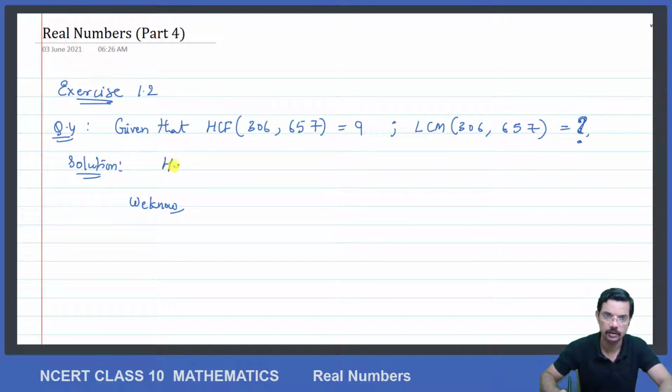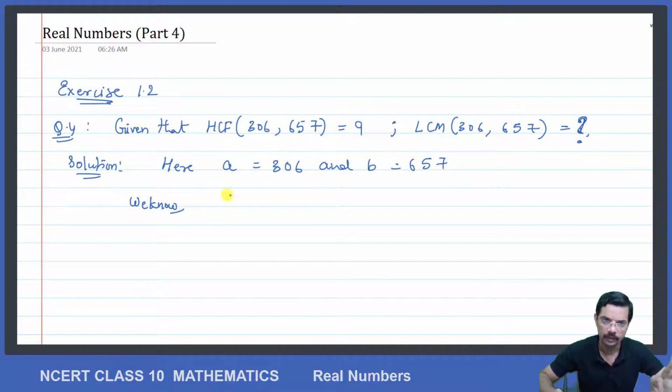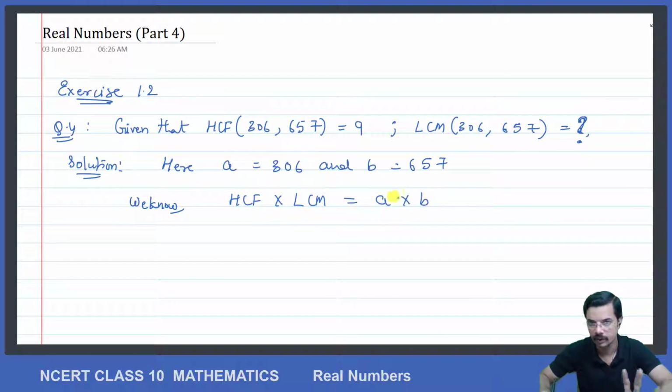So here, what is A? A is equal to 306 and B is equal to 657. I am writing in detail. We know that HCF into LCM will be equal to the product of the two numbers, A into B. We have studied this in the previous class.